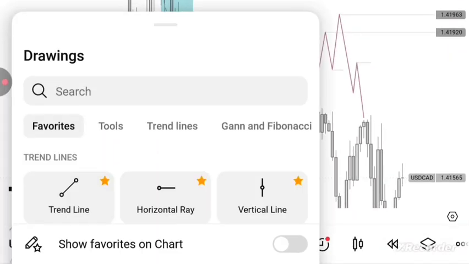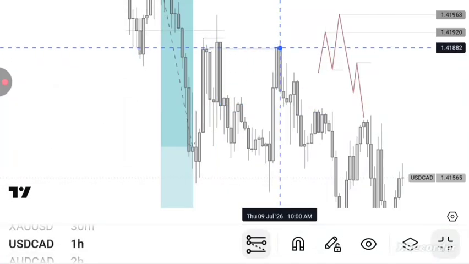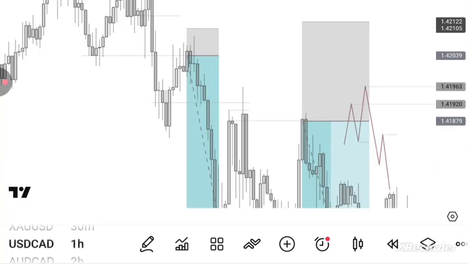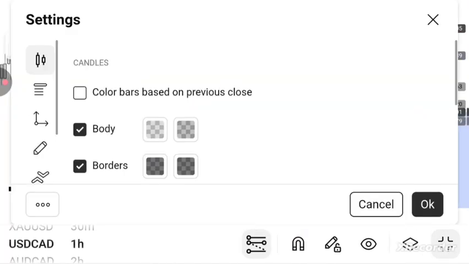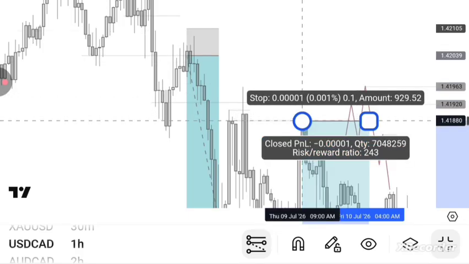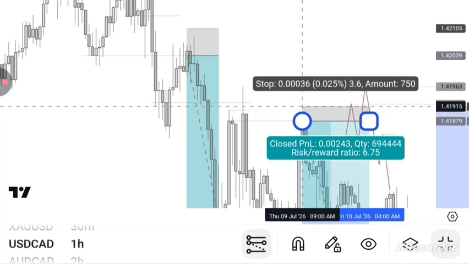So if I want to take this, my entry is going to be from here. Then my stop loss, I love to put a little bit above this particular QM level, the wick it created.